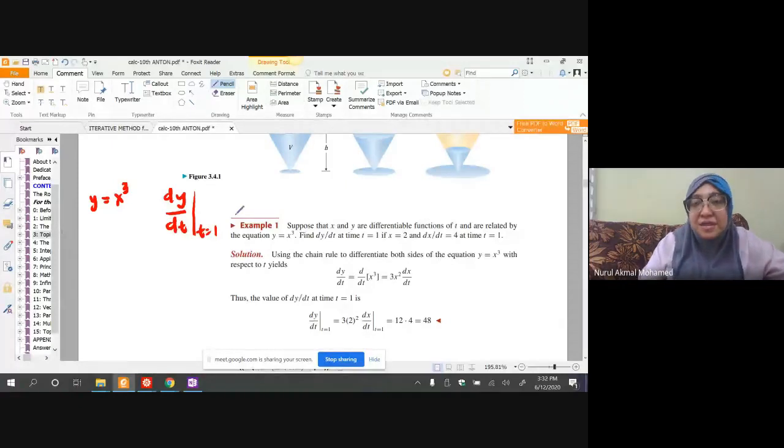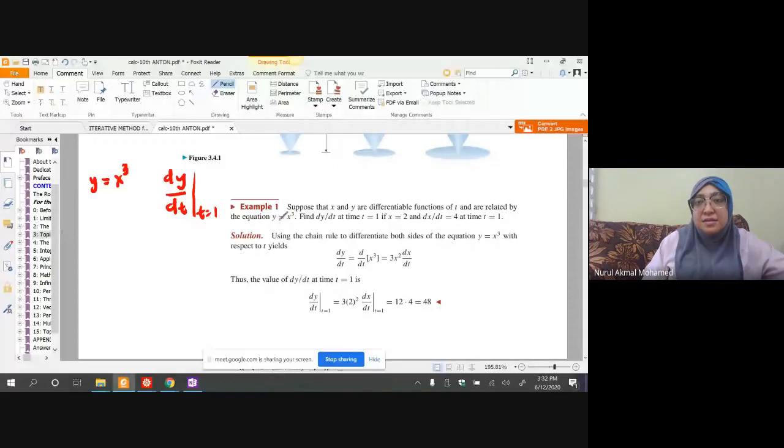If we have the information that dx/dt is equal to 4 at t is equal to 1.